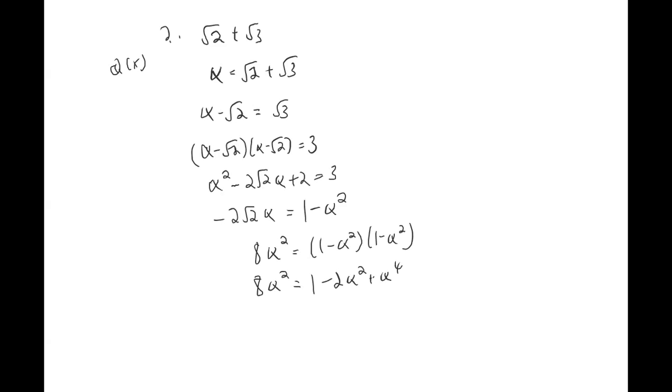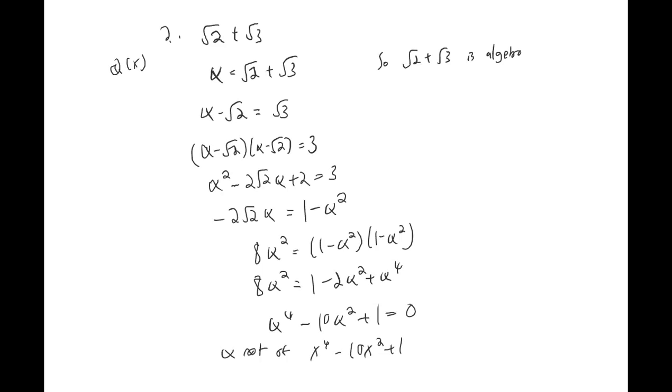If I subtract 8 alpha squared, you see alpha to the 4th minus 10 alpha squared plus 1 is 0. So alpha is a root of x to the 4th minus 10x squared plus 1. So root 2 plus root 3 is algebraic. Is everyone clear on this?